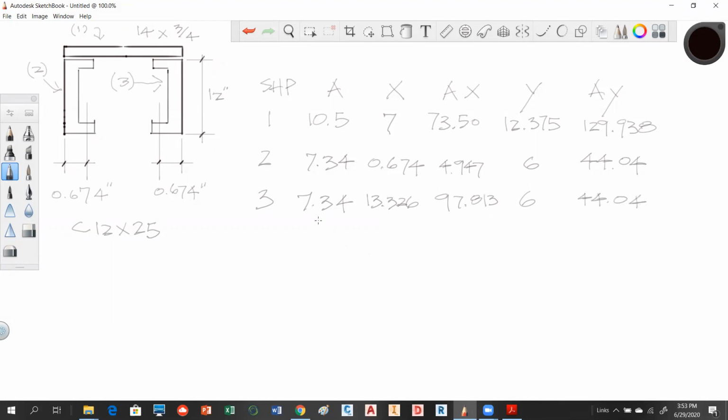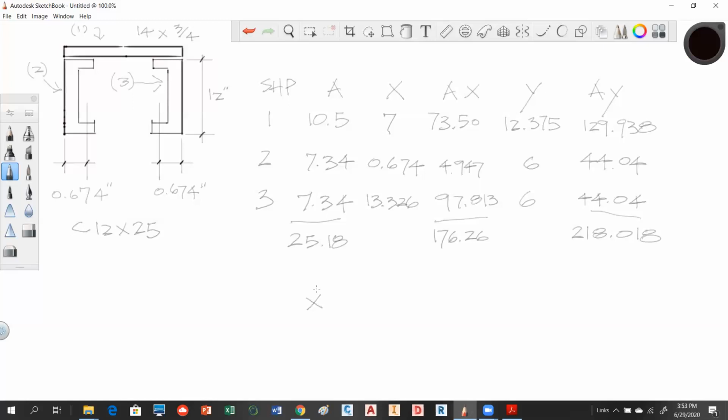So we can sum our area, sum our AXs, and sum our AYs. So for my area, we have 25.18. For the AX, we have 176.26. For the AY, we have 218.018.